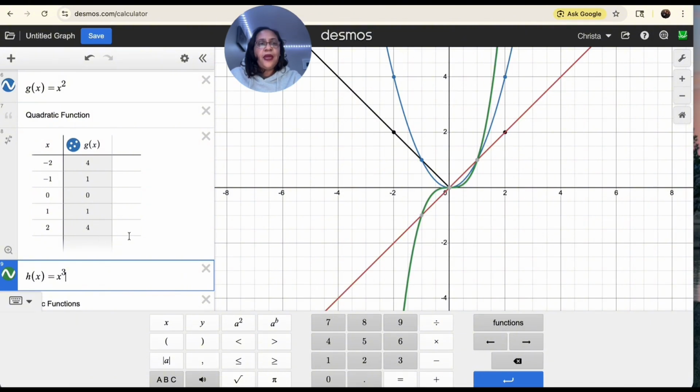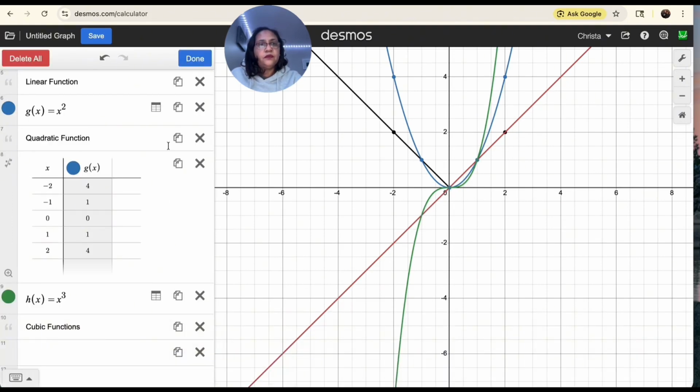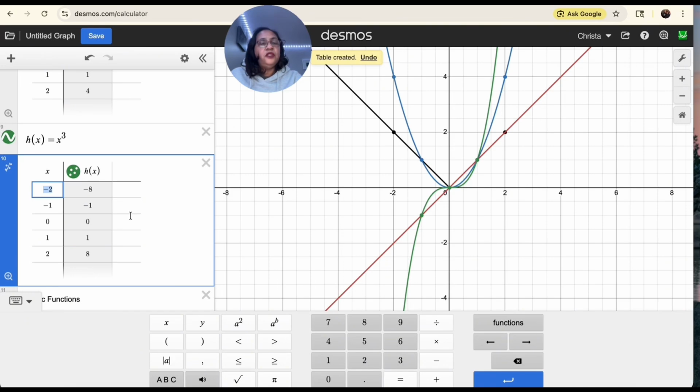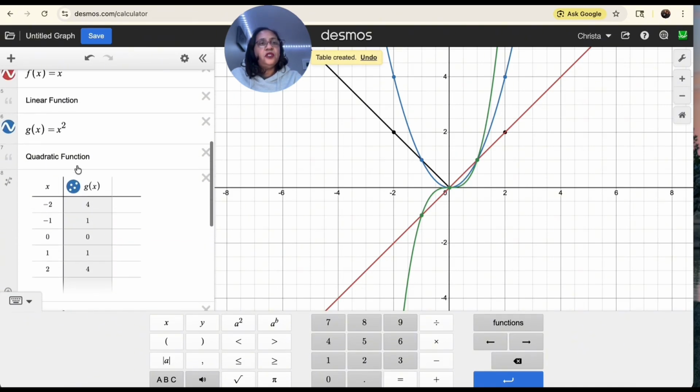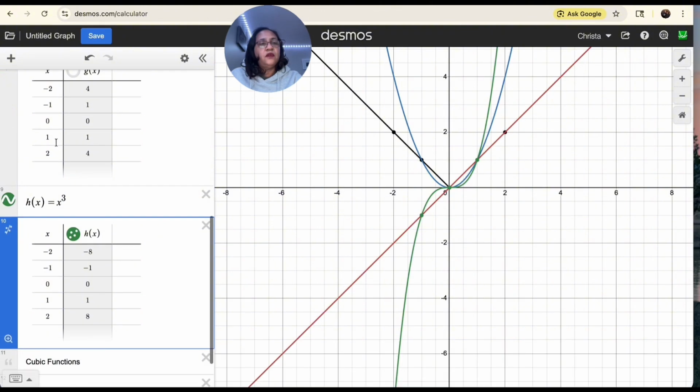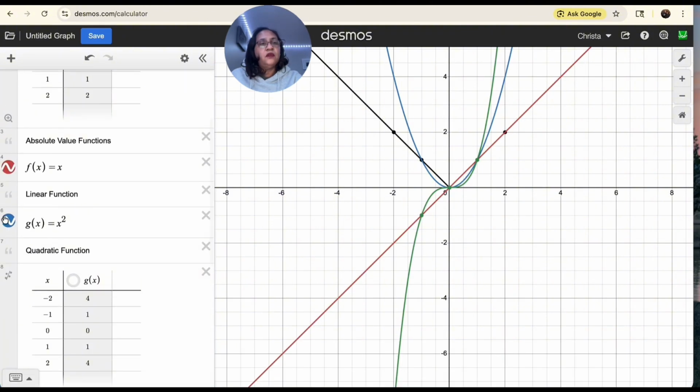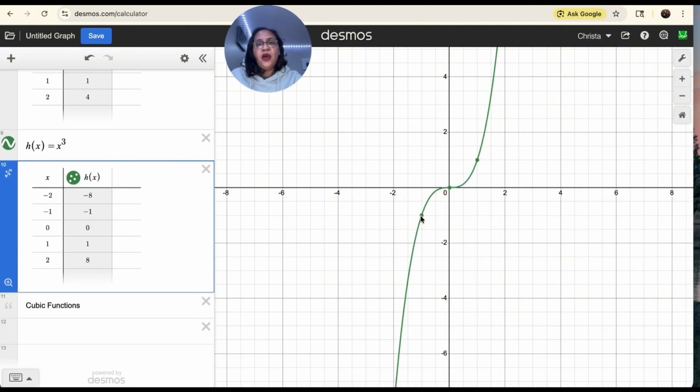So what do you think happens when I substitute the same number, -2, in for x here? And you can pause the video before I show the table. So think about it. Okay. And then here's the table, right? So I'm going to turn all these other functions off.